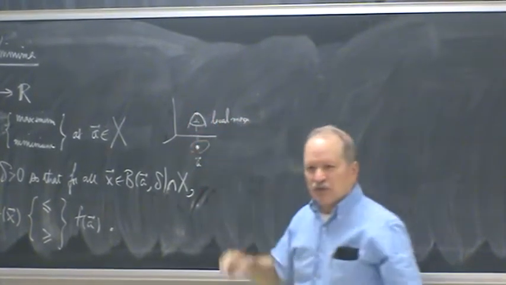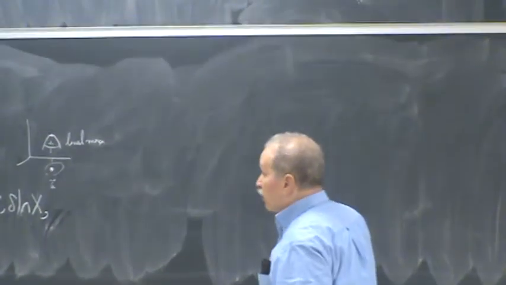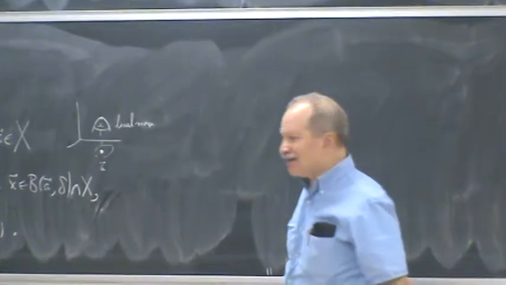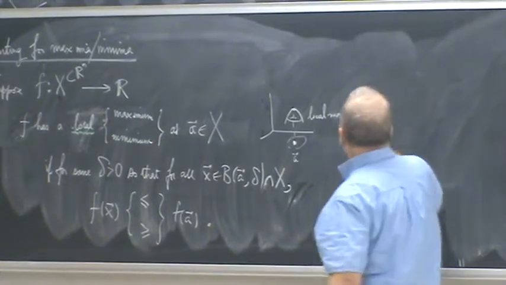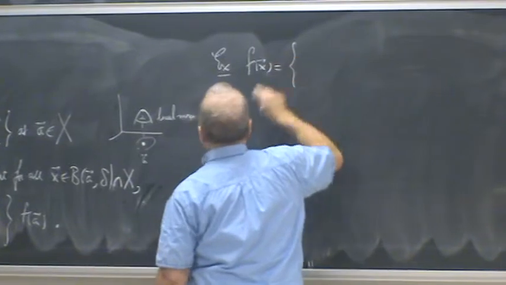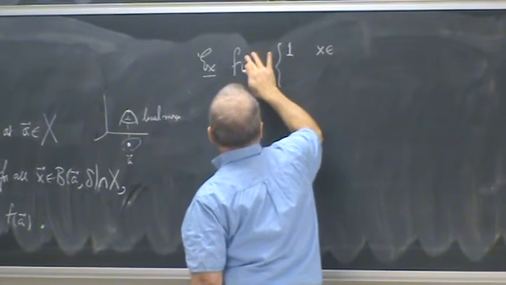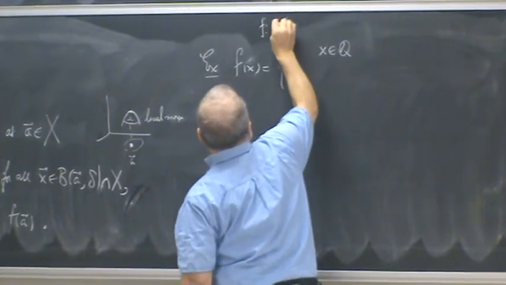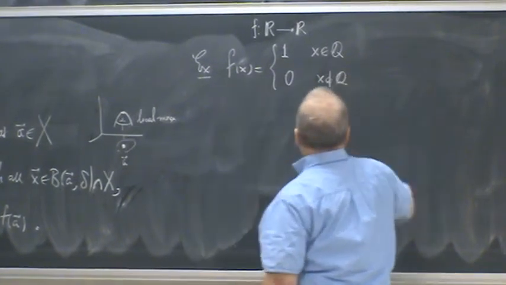and for a local minimum you would look similarly. But you're not specifically requiring that it be strictly bigger or strictly less. So if you want to blow your mind a little bit here, suppose you look at the function that's 1 when, let's just do this in R, when x is rational, and 0 when x is irrational.